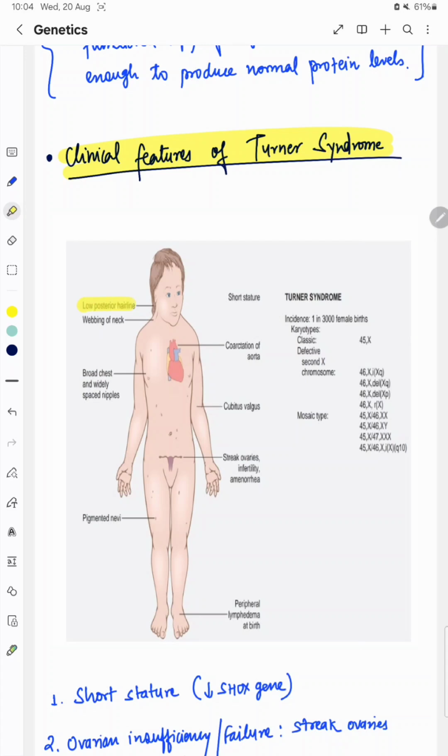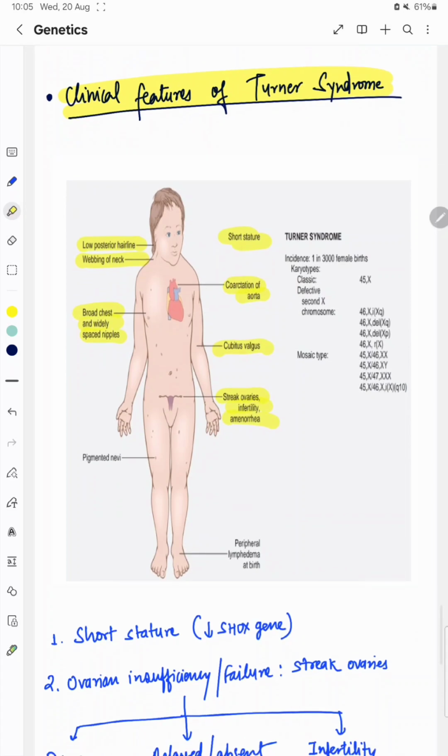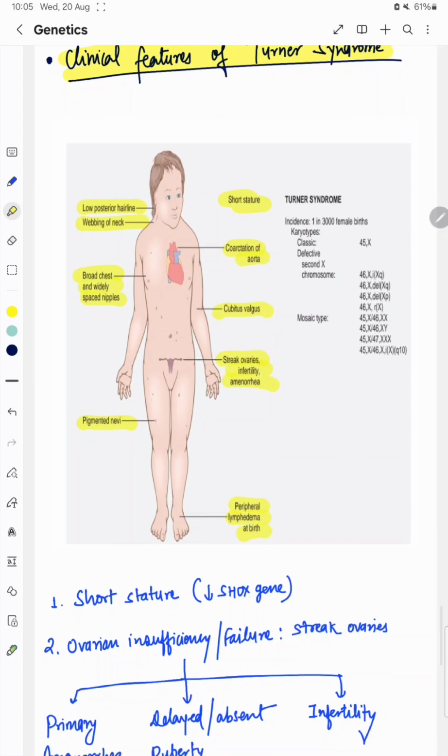As we can see, a low posterior hairline, webbing of the neck, excess skin over the neck, and overall short stature because of the decreased amount of the SHOX gene. Among cardiac complications, there is coarctation of aorta, a broad chest with widely spaced nipples, undeveloped ovaries, streak ovaries responsible for primary amenorrhea or infertility, cubitus valgus, pigmented nevi, and peripheral edema at birth, which can be seen in newborns in some severe cases.